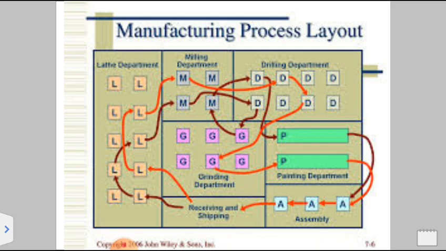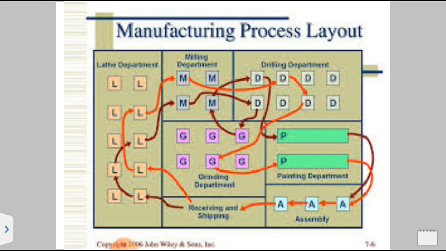In the lathe department, all machineries indicated by L, required for the lathe department, are arranged in one department headed as the lathe department. In the milling department, the machineries and services are grouped by M. It requires 4 machineries, which are arranged under M.